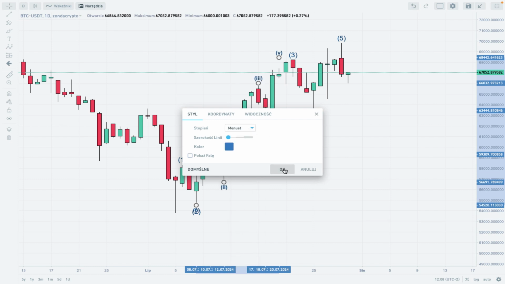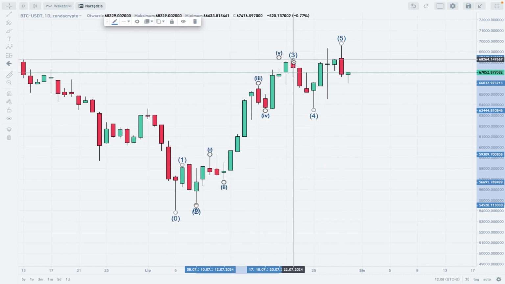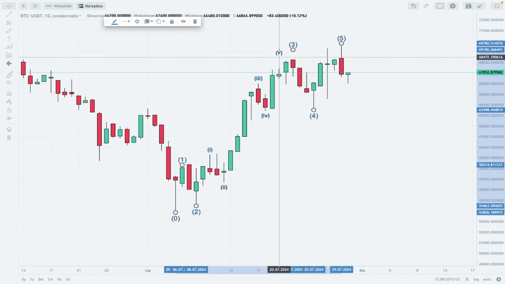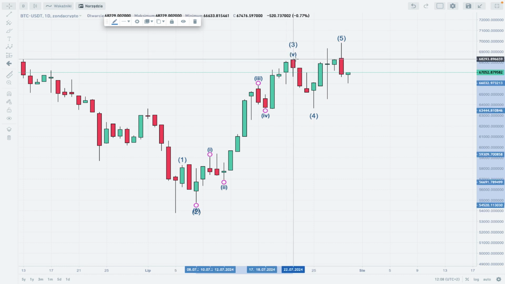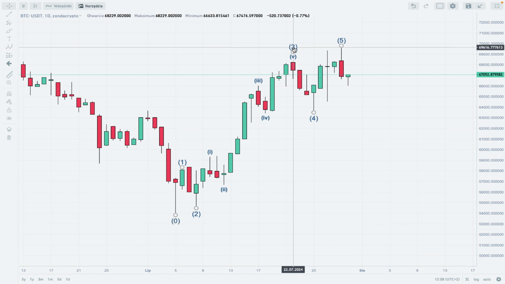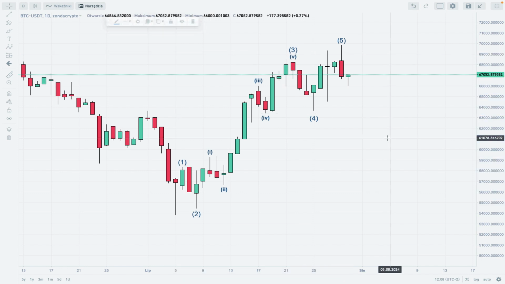Minuet. Okay, that works perfectly. So we have the Roman letters instead of this. There you go, and that's very nice. So what is going on here is a typical 5-wave Elliott wave pattern to the upside on the Bitcoin.